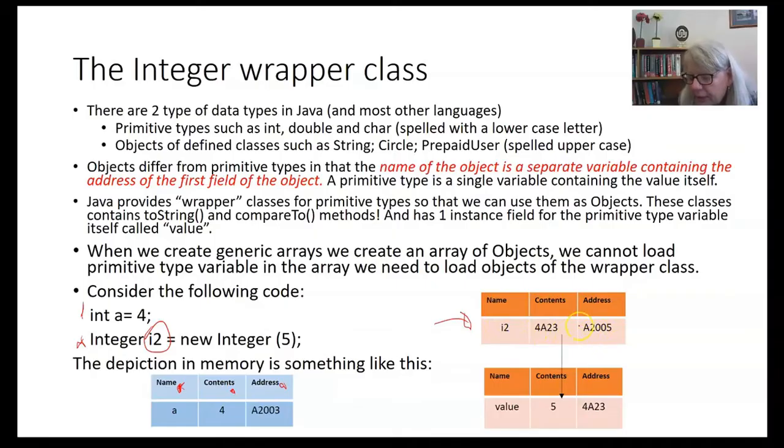It is a separate variable, so it has its own address, but the value is the address of the starting position of the first instance field. I told you the instance field of an integer is called value. Value is stored at 4823, and therefore this separate variable with the same name as the object has as its contents that address of the first variable.